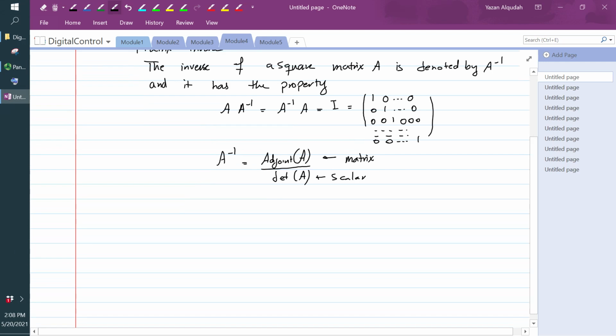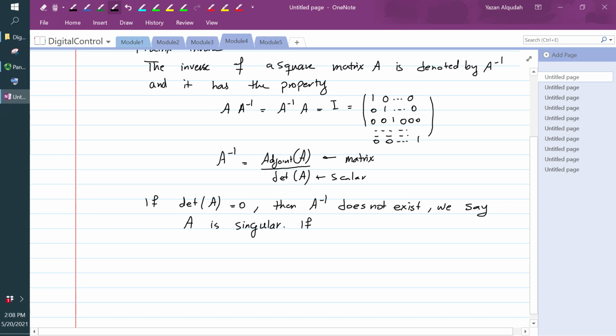Now if I look at the determinant, if the determinant of the matrix A is equal to 0, then I'm not going to be able to get an inverse because I'm going to be dividing by 0. Then A inverse does not exist. And in this case, we say A is singular. Singular means the inverse of this matrix does not exist.